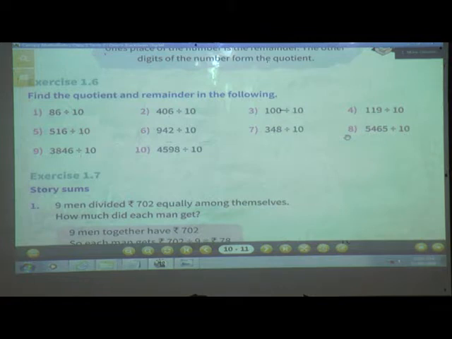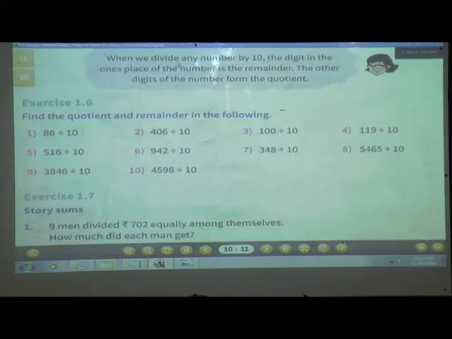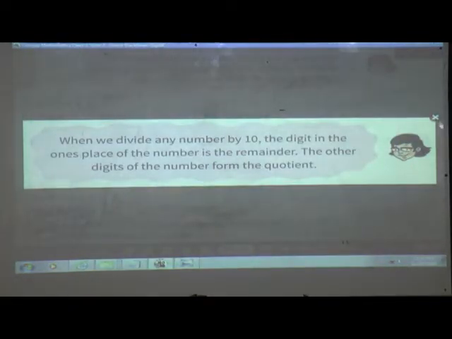See the first example, find the quotient and remainder in the following. Now we'll solve all the examples. 86 divided by 10. From this rule, when we divide any number by 10, the digit in the ones place of the number is the remainder.